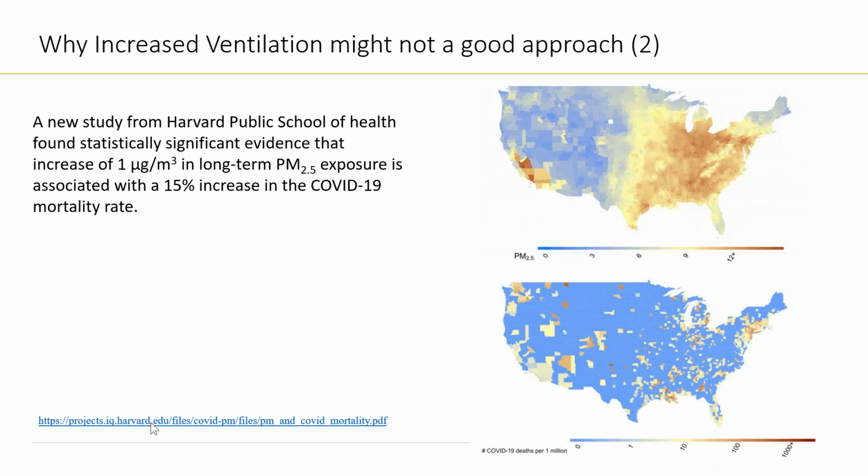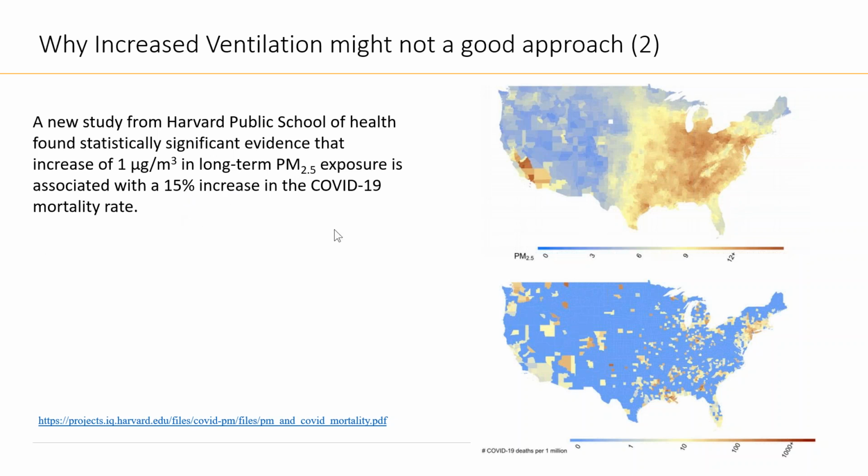A publication from the Harvard School of Public Health said that an increase of only 1 microgram per cubic meter, and this is really important because we're not talking only about China, India and Italy where we have severe pollution, only 1 microgram per cubic meter of long-term exposure to PM 2.5, and bear in mind you can have exposure outdoors or indoors through bringing ventilation inside, is associated with a 15% increase in the COVID-19 mortality rate.